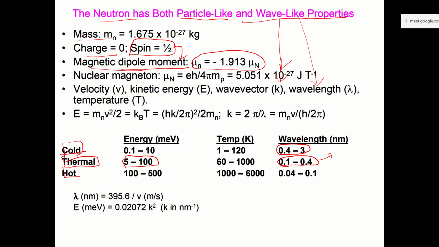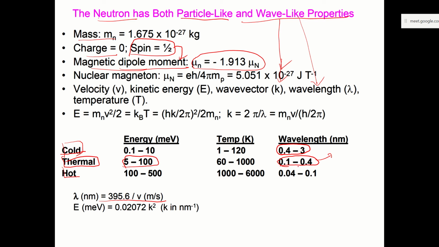If you know the velocity, you can calculate the wavelength lambda associated with it using this formula. You can also arrive at this formula very easily using de Broglie's equation, substituting for mass and everything.